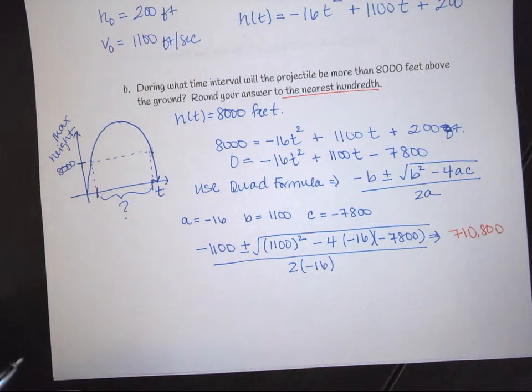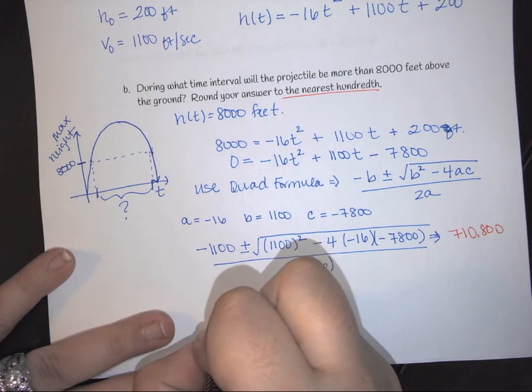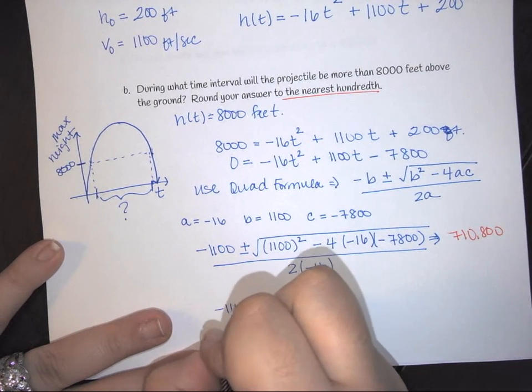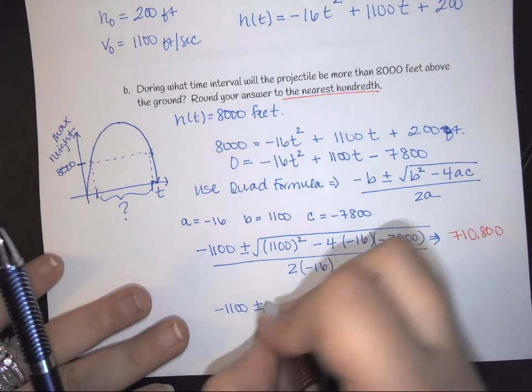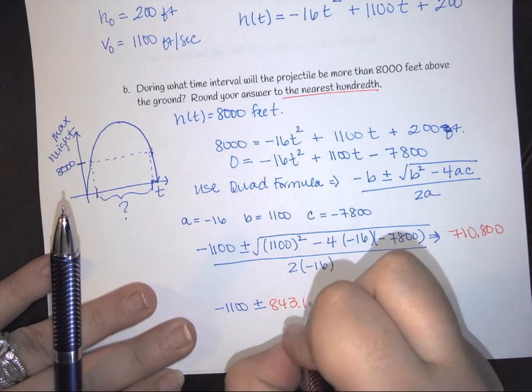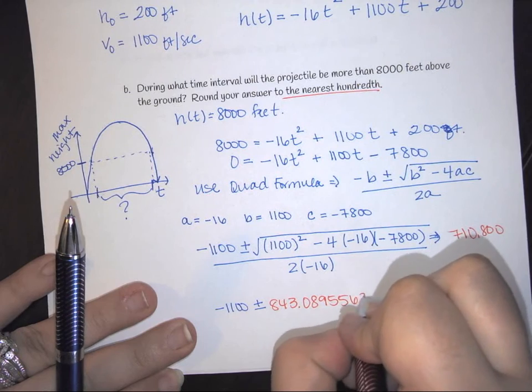Okay. So we then have to do negative 1100 plus or minus. The result that we get is 843.0895563.